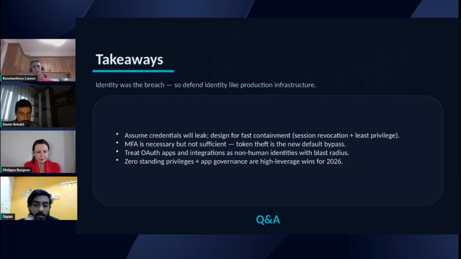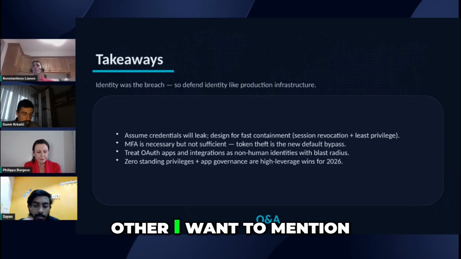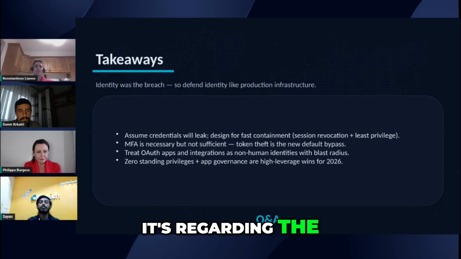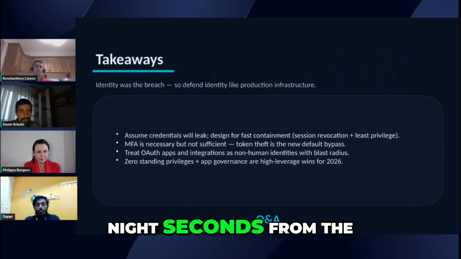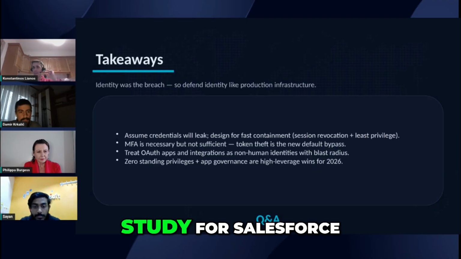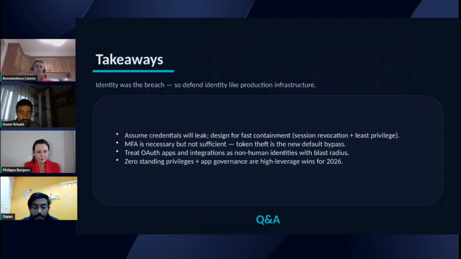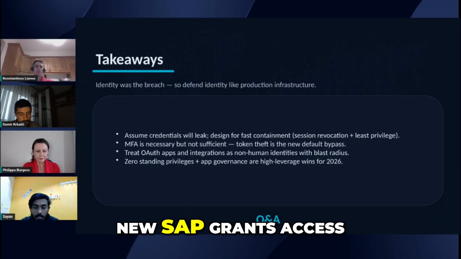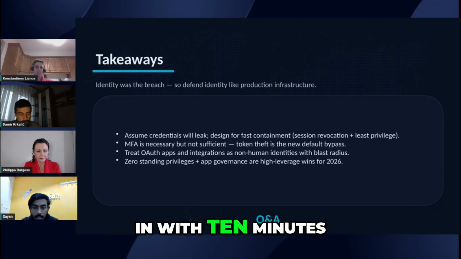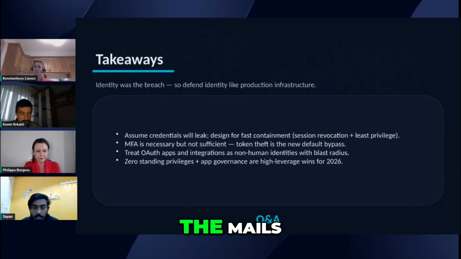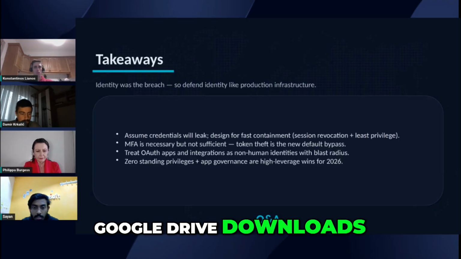The other thing I want to mention is a 90-second case study for Salesforce or OAuth. The scenario: you get an alert, a new OAuth app is granted access. Within 10 minutes, there's a spike in Salesforce data exports, Microsoft 365 mail reads, and Google Drive downloads.